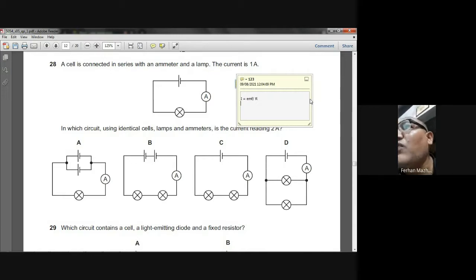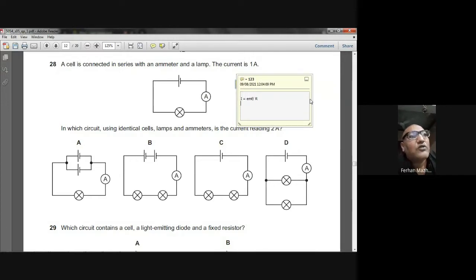Now you want the current to become double. The current can be doubled with the same cell if the total resistance of the circuit becomes half.